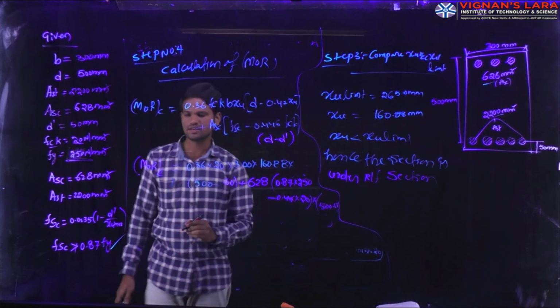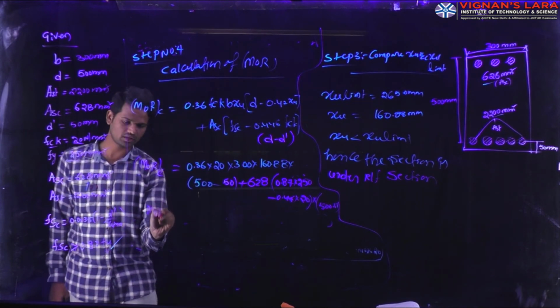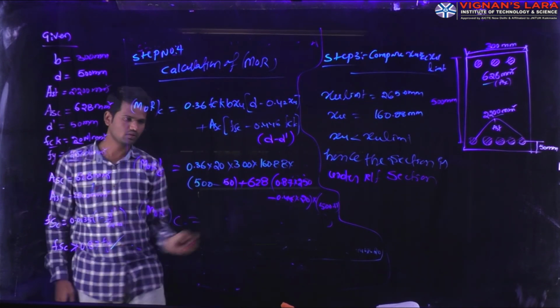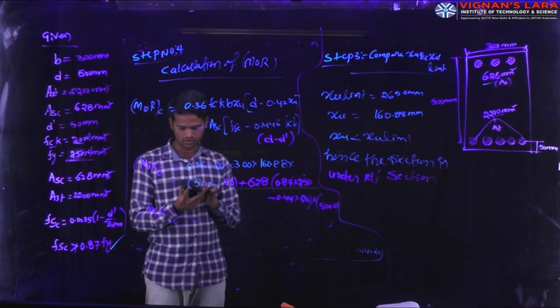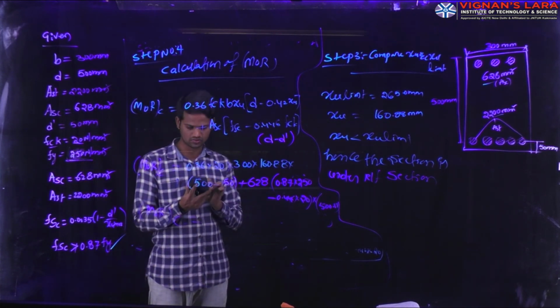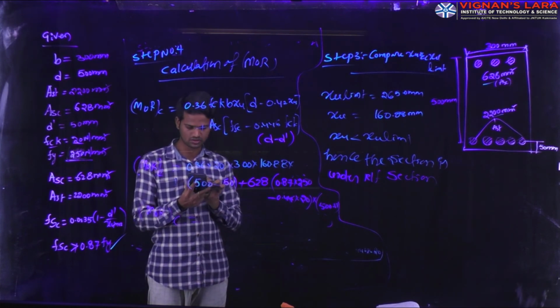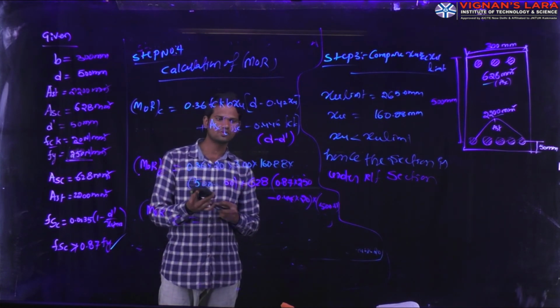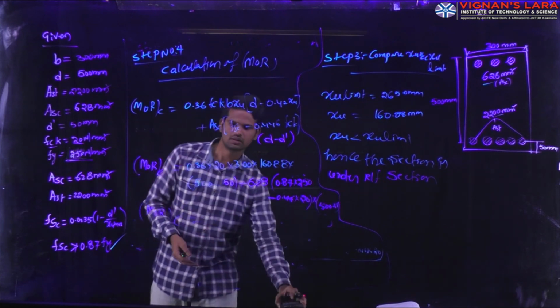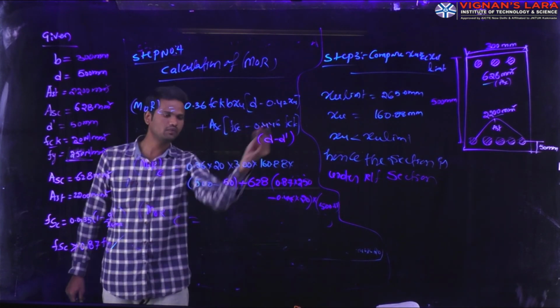If you calculate the moment of resistance for compression, you get 0.36 into 20 into 300 into 160.88 into D minus 0.42 XU.